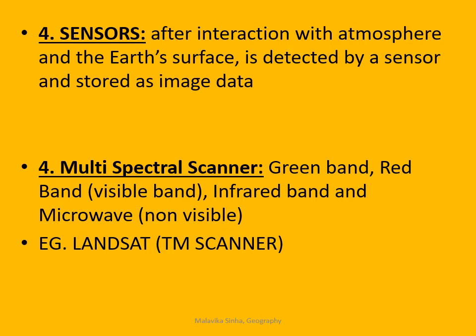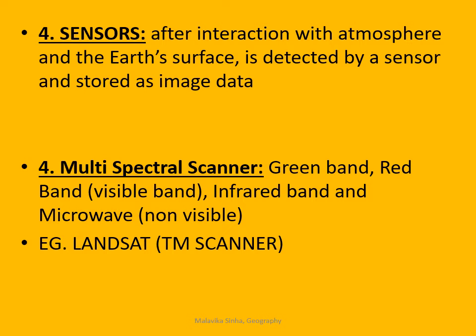This multispectral scanner uses the electromagnetic spectrum through visible and non-visible bands to detect the intensity, the type, and the brightness of EMR. So the fourth step is using a multispectral scanner to detect the specific configuration of reflected EMR.